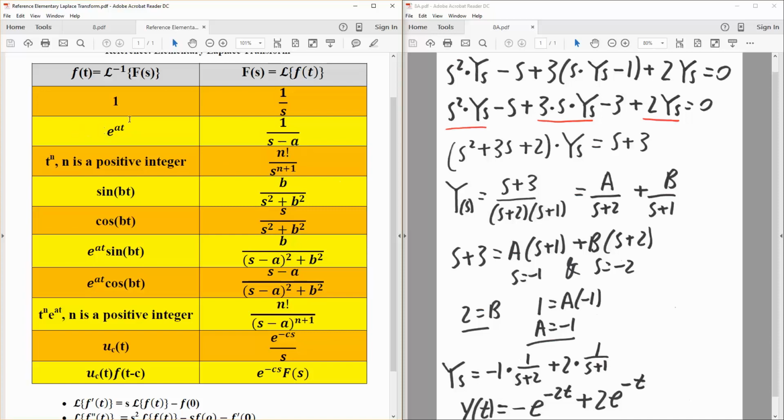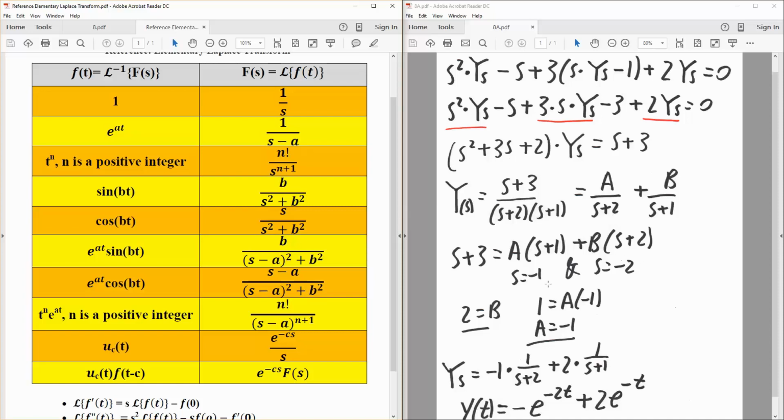Our answer will involve something like this. Next we multiply everything by s plus 2 times s plus 1, which allows us to get A and B. So s plus 3 is equal to A times s plus 1, plus B times s plus 2.